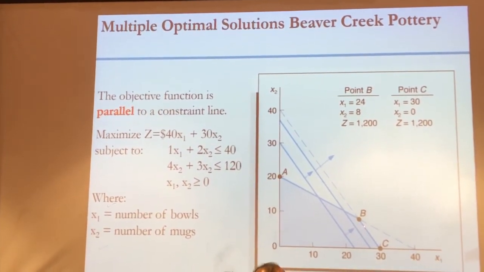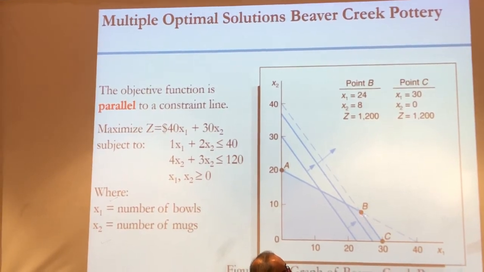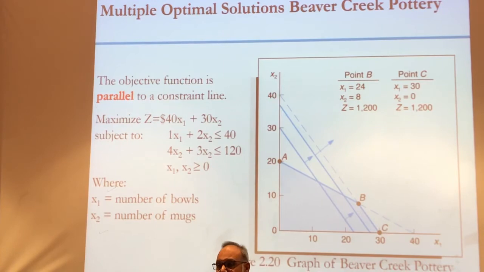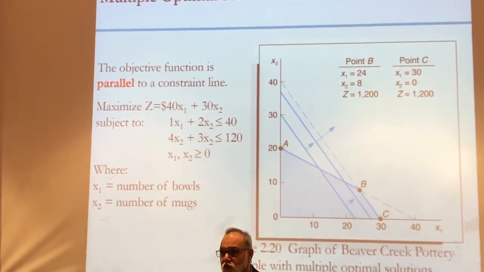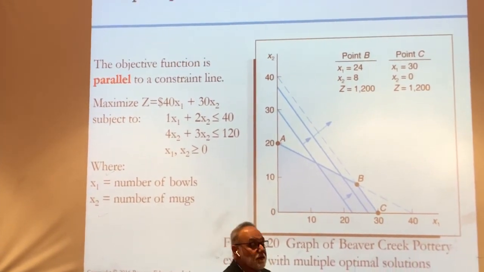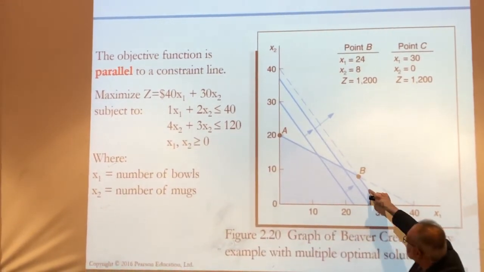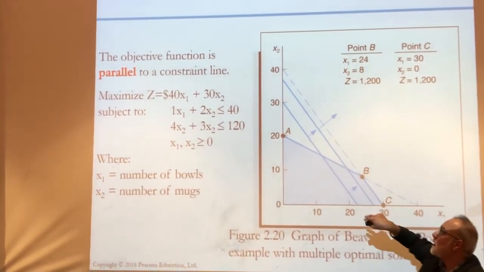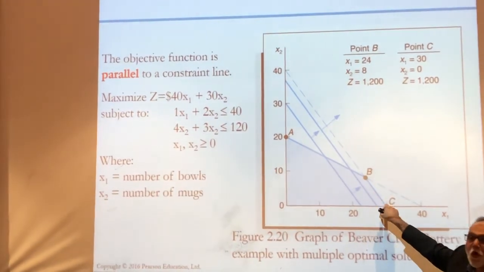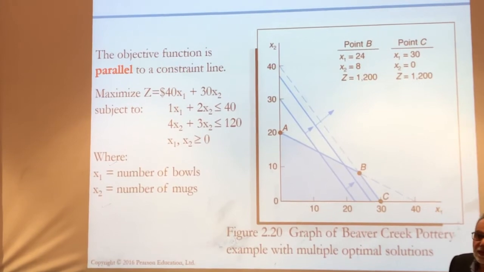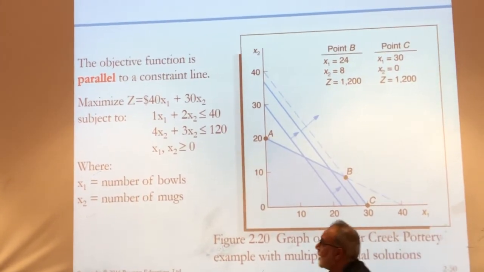So it will be sitting on top of it, and these two corner points will have the same optimal solution. In fact, because it is an isoprofit line, any of the infinite number of points on this segment will give the same answer, the same optimal value.